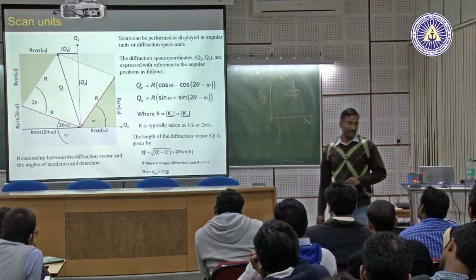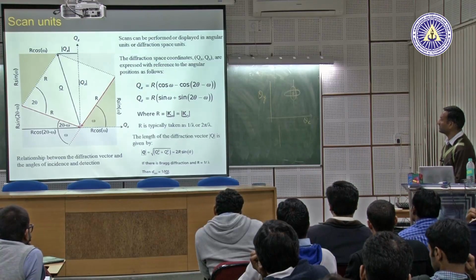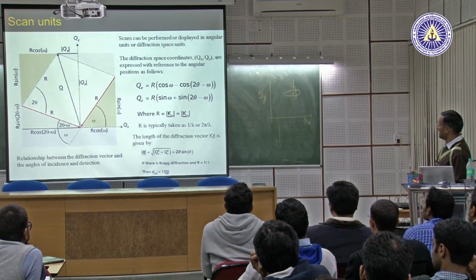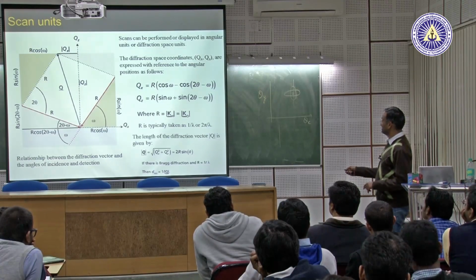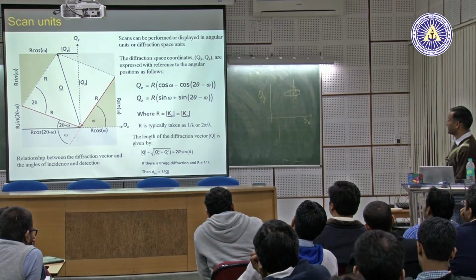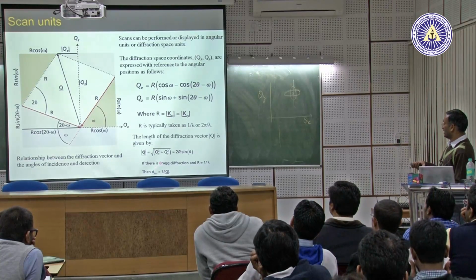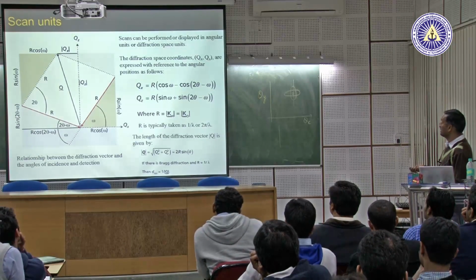These are fairly symmetric expressions because of the symmetry of reciprocal space, and r is nothing but 1 over lambda, which is basically the modulus of k.